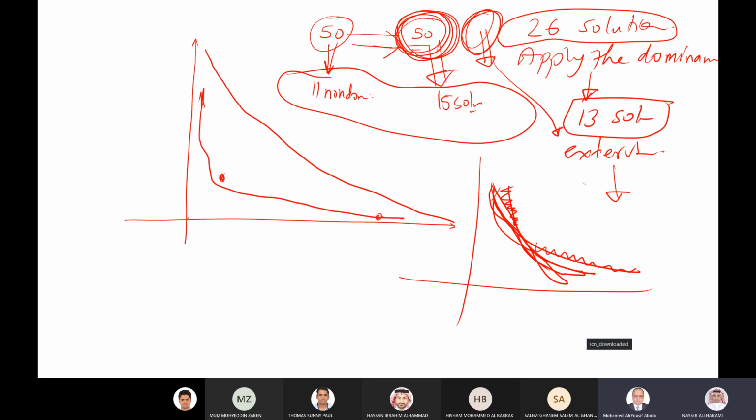Most likely it will be the best compromise solution, which is the nearest to the ideal, assuming that you are minimizing the two objectives. Yeah, minimizing the two objectives, and then I want to compare the shortest distance method with the method of finding the U1 and U2 and UK at the end, and maximizing UK. I think they will give you the same solution. They will give you the same solution.